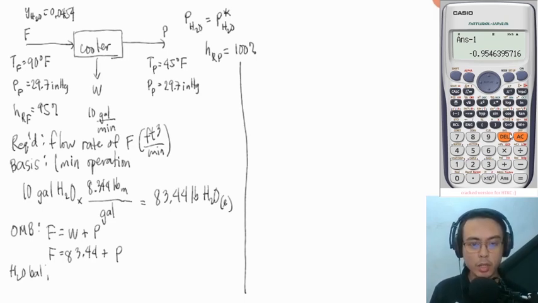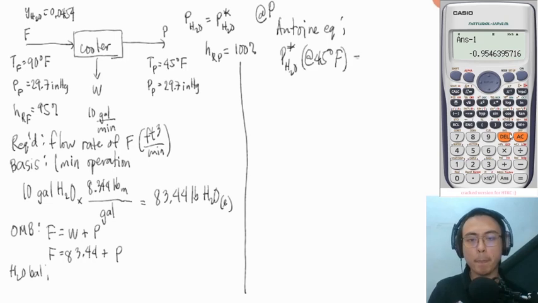So let us use the Antoine equation again. So we are at the product. Let's use the Antoine equation to determine the vapor pressure of water. This is at 45 degrees Fahrenheit. The vapor pressure is 7.58 millimeters mercury.